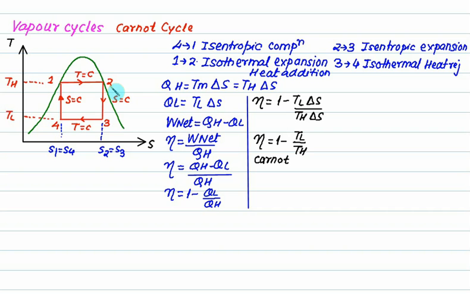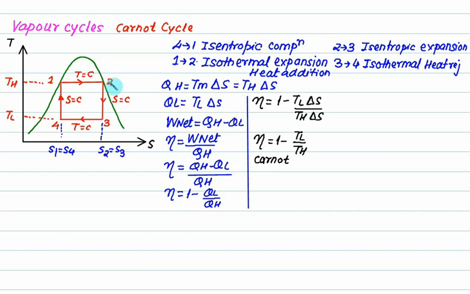Secondly, in the expansion also, 2 to 3, at the inlet it is dry saturated steam and at point number 3 it is in a wet condition. So there are suspended particles of water. If you design the blades to carry out the expansion of gases, then naturally the blades are very thin, whereas the blades designed to carry liquids are a little bit thick.